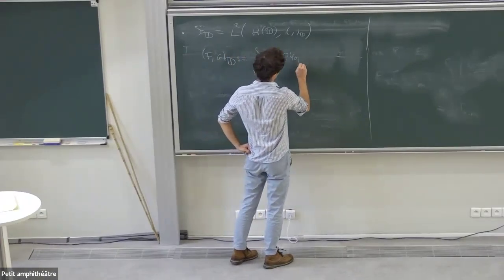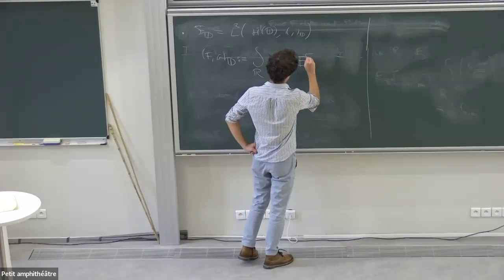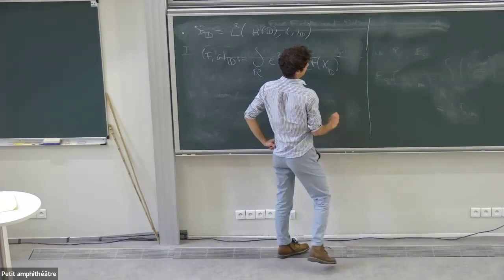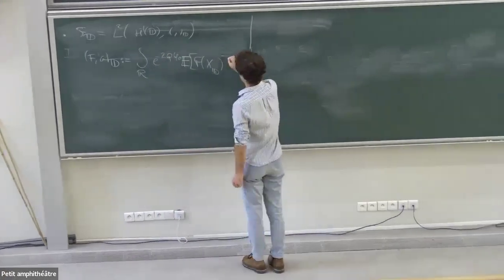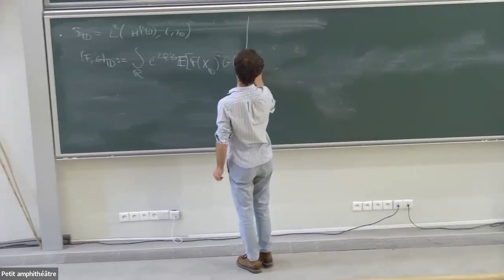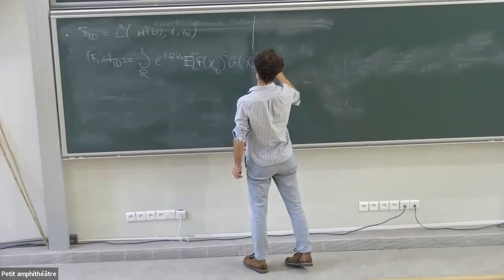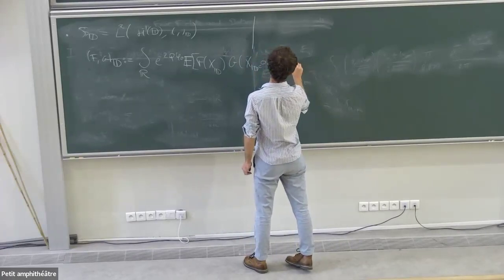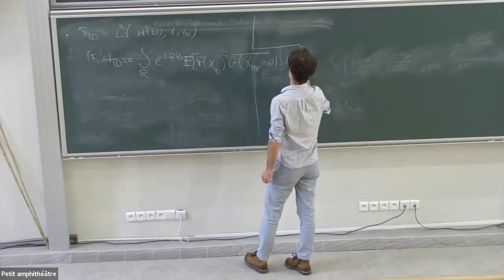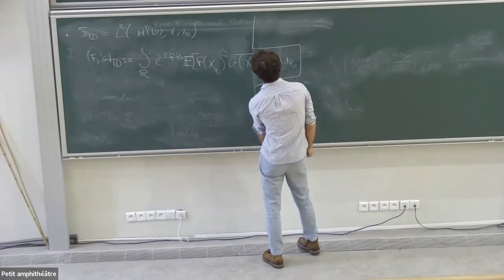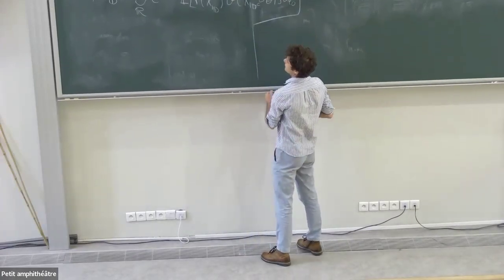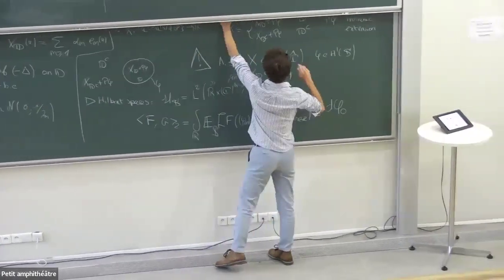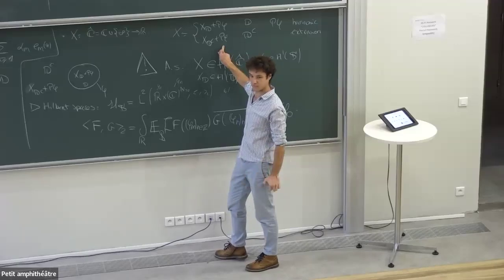So 2 phi 0 expectation of f of x restricted to g, G of x. So how do I define it? So I first sample my field x like before. So this x, which is just xd plus p phi under this boundary.